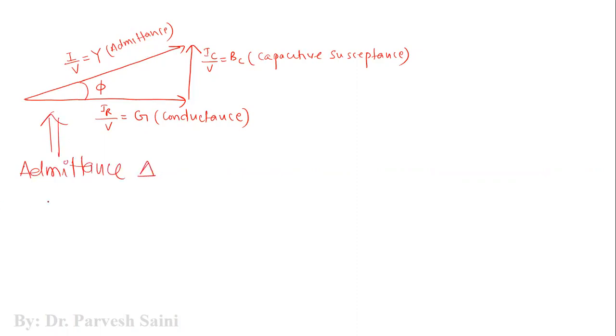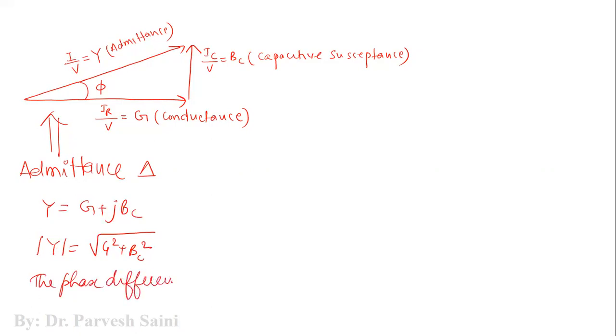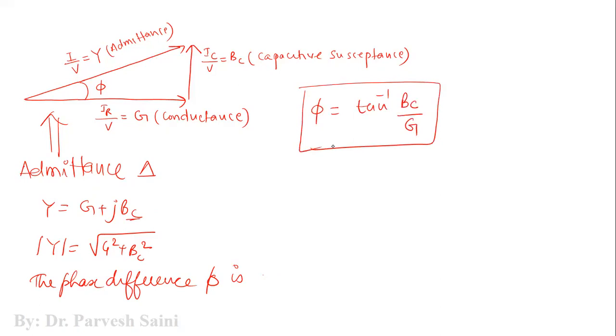Now in this we can obtain that Y is equal to G plus jBC. The magnitude of Y is equal to the square root of G square plus BC square, and the phase difference phi we can obtain from here. We have phi equal to tan inverse of the imaginary part, which is BC, divided by the real part, which is G. So this will always be positive. So in this case, phi is positive, right?